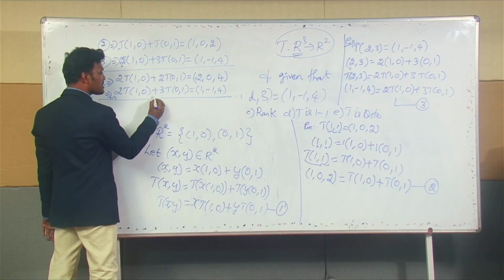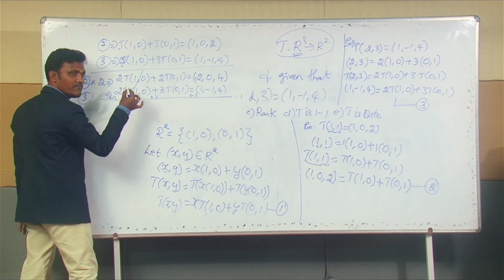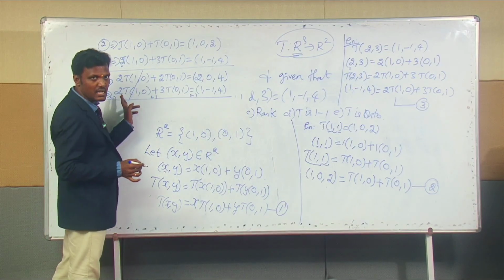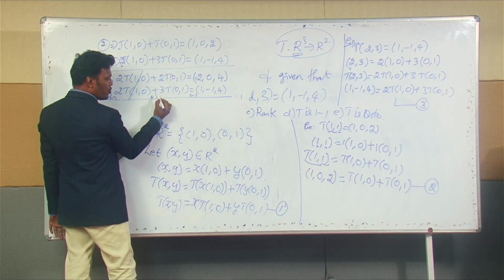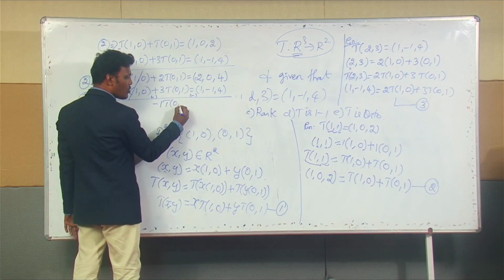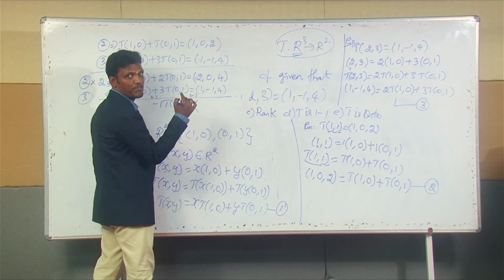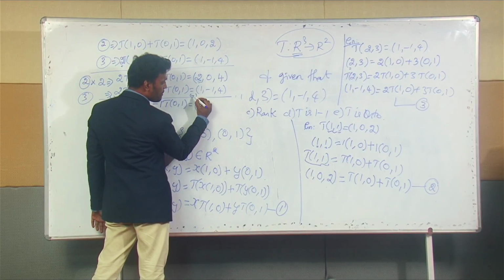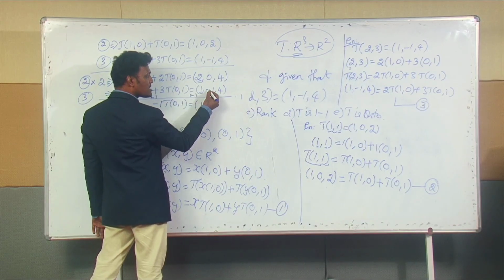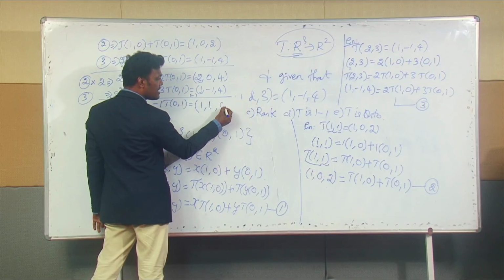Just subtract. Automatically the first term will be cancelled, because plus 2 and minus 2 cancel, and 2 minus 3 gives minus 1 times T of (0, 1). You have to subtract each term: first term minus first term, 2 minus 1 is 1; 0 minus minus 1 is plus 1, so 1; 4 minus 4 is 0.